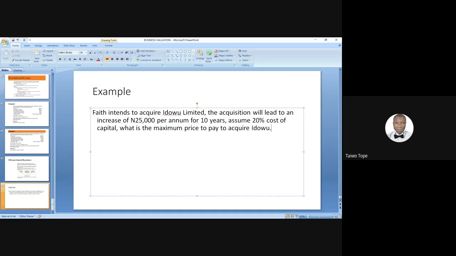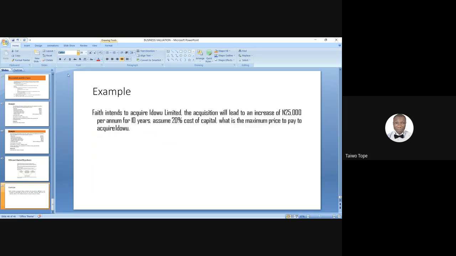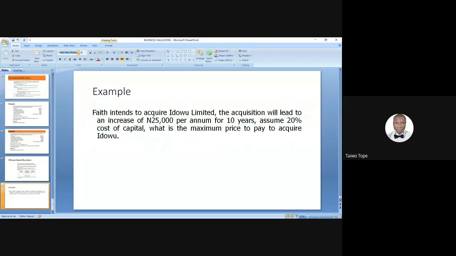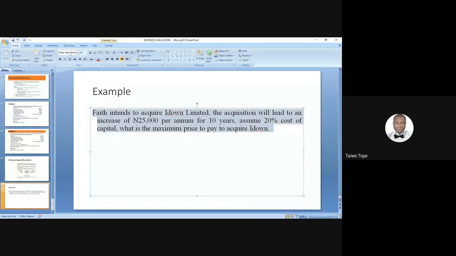So looking at this question, can anybody give us a guide? A guide on what to do? Any guide? This is simple.